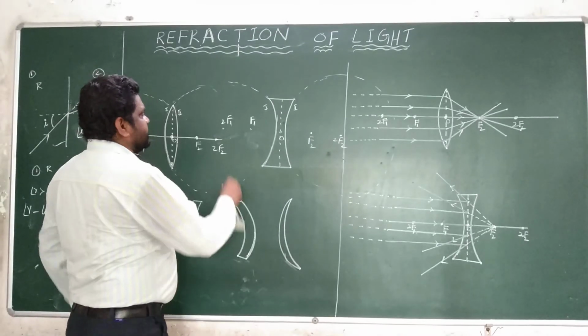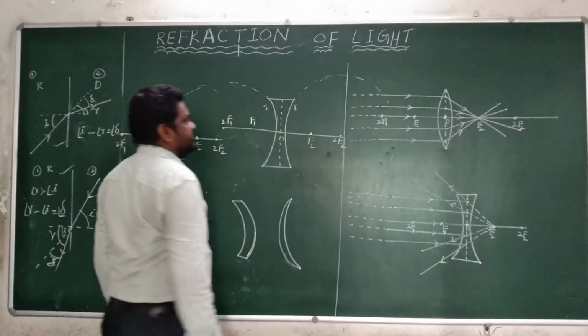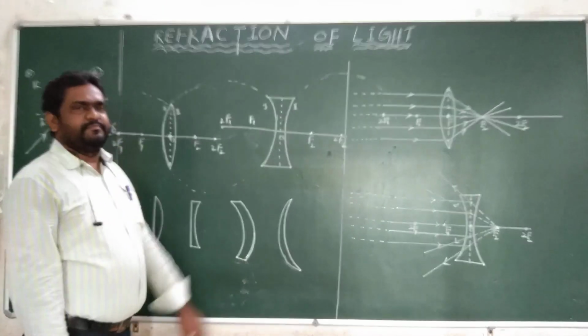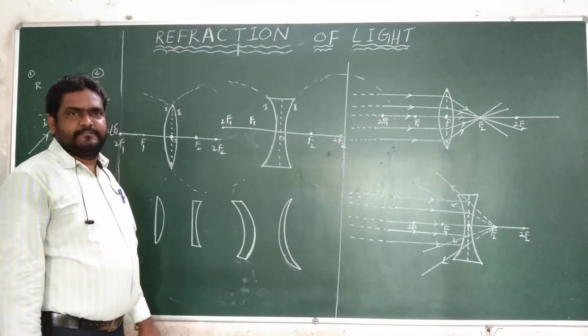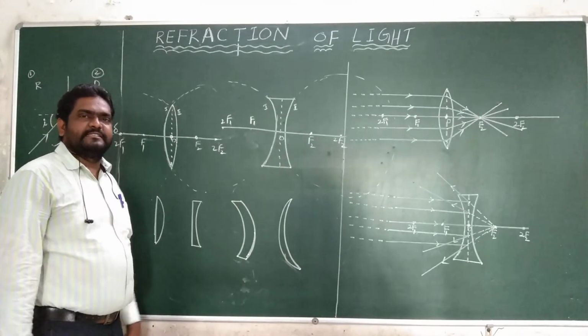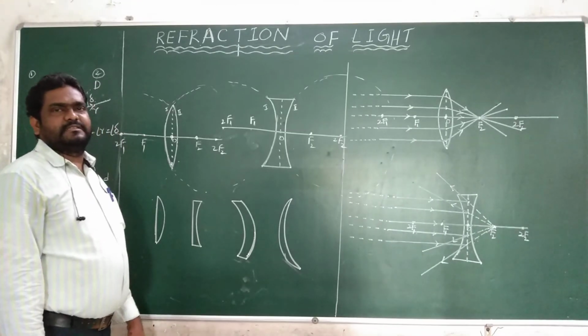Joining these foci and the optical center, this we call the principal axis. Optical center, focus, principal axis in the case of convex lens as well as concave lens.